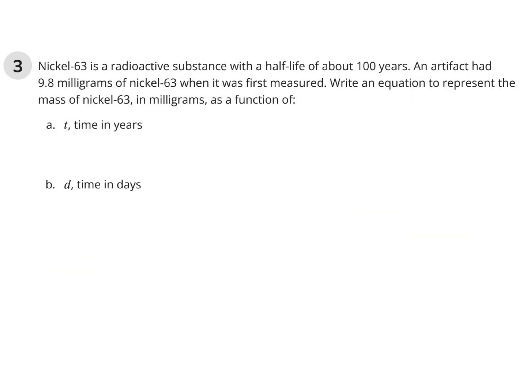Okay, nickel is a radioactive substance with a half-life of about 100 years. We have 9.8 milligrams of nickel, with time measured in years. So 9.8, our rate is 1/2. Half-life is about 100, so T over 100. When T turns 100, you get a full half-life. So that's our first one. Now for days, how many days in a year? It's the same equation.